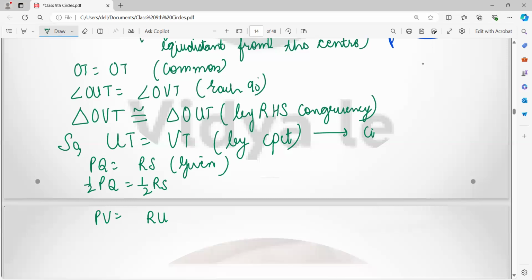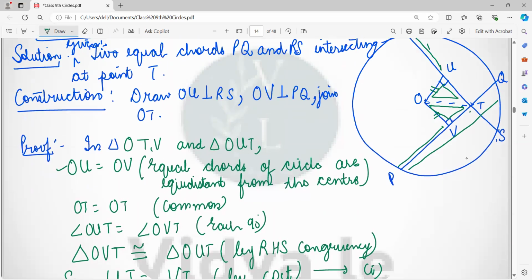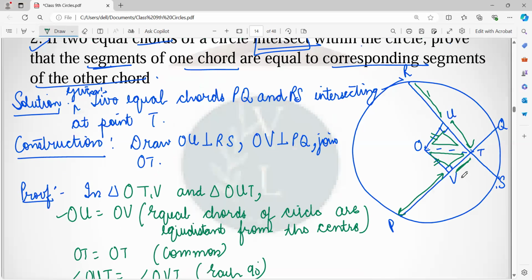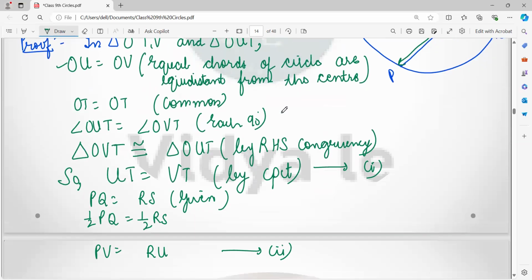We'll mark it as equation 1 and this as equation 2. Now, just have a look. First of all, we have proved that VT is equal to UT. And next we have proved in the first one, PV is equal to RU, right? And if I add both the equations, we'll get RT equal to PT, what we want to prove, right?